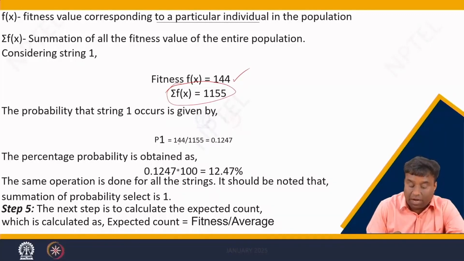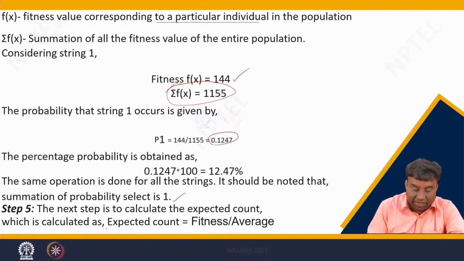So the probability will be 144 divided by 1155, that is 0.1247. The percentage of probability is obtained as 0.1247 into 100, so that is 12.47%. The same operation is done for all the strings. It should be noted that the summation of probability is 1.